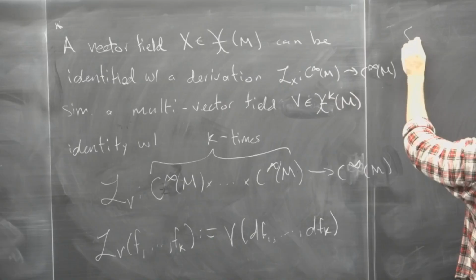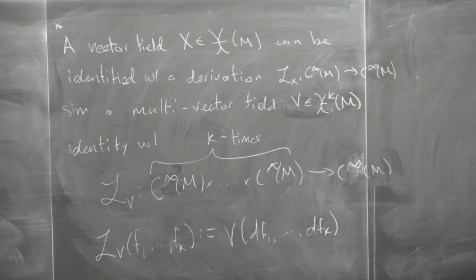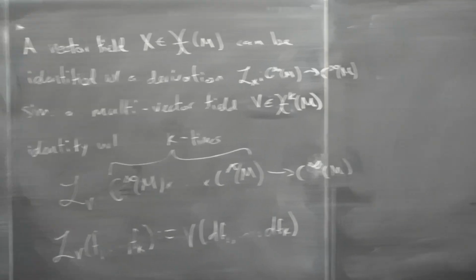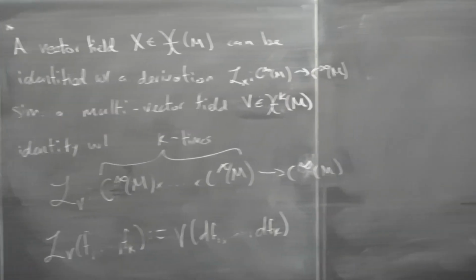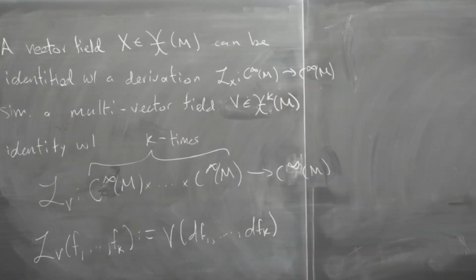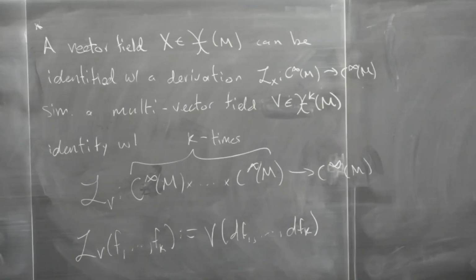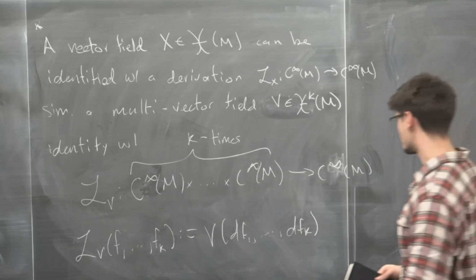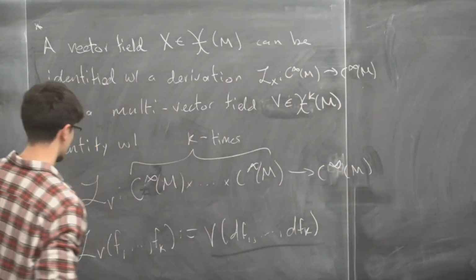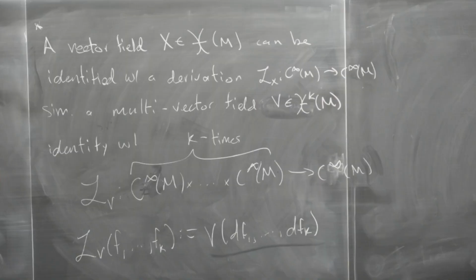So is that notation, you've taken a tensor product of k vector fields and you're plugging in k different, which one? The v of df1 up to dfk. Like this guy. This, we get a function. What does it mean? What is that notation for?